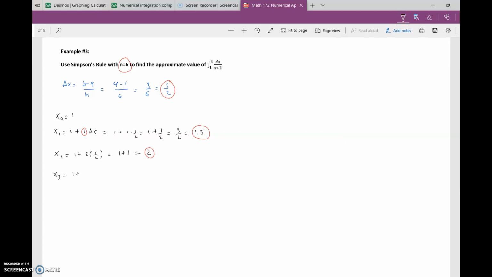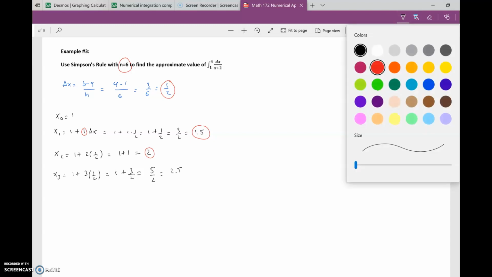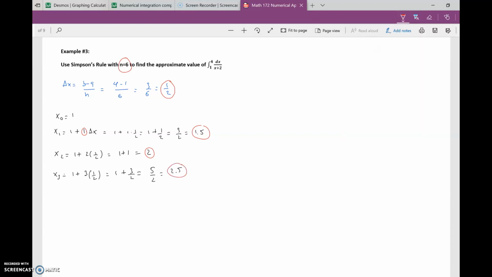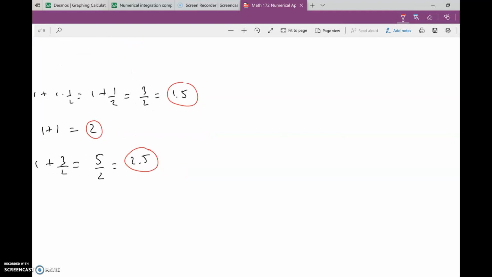This is going to be 1 plus 3 times 1/2, or 1 plus 3/2. I'm getting 5/2, which is going to be 2.5. It seems okay to use the decimal approximation since we don't lose precision. We're not getting thirds or another fraction that we end up rounding.